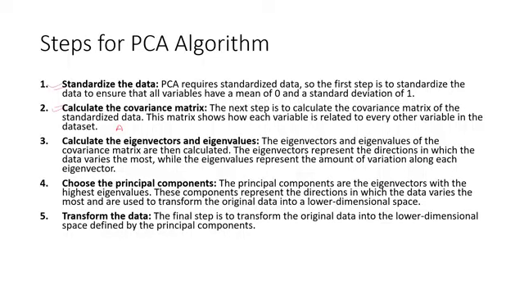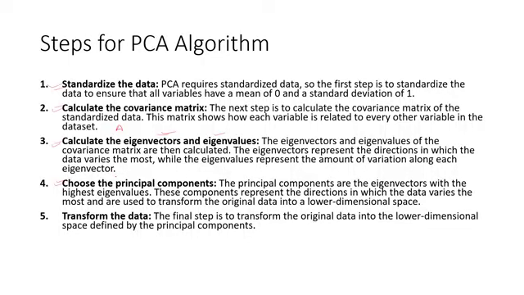Okay, once this is done, then based on that equation, I'm calculating my eigenvalues, and those eigenvalues I'm substituting in that particular equation and coming up with the eigenvectors. Now, once I have the eigenvectors, I can calculate the principal components, and based on the eigenvalues, I can decide how many principal components I should choose.